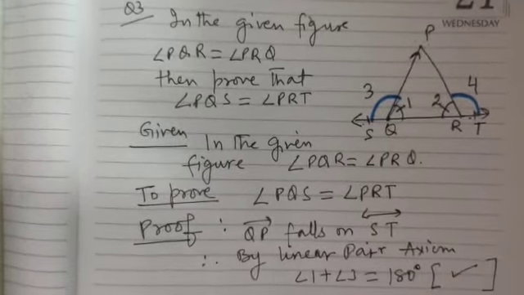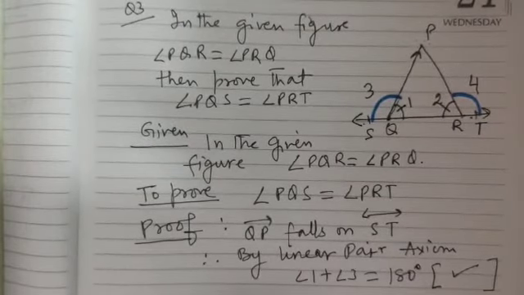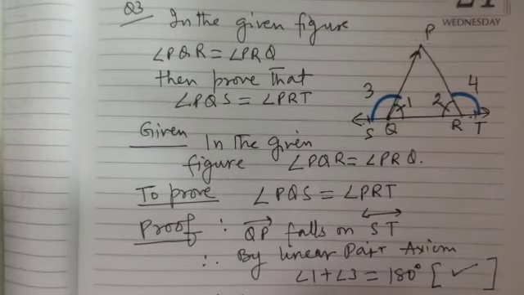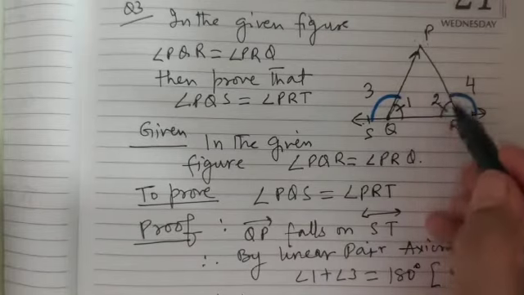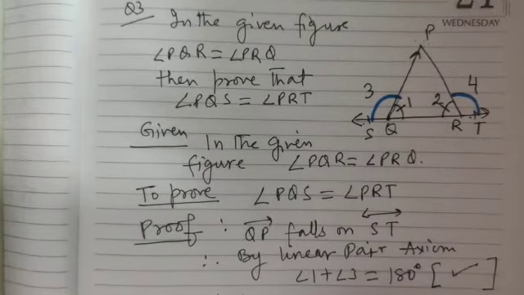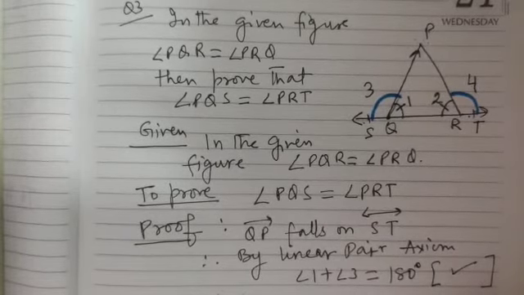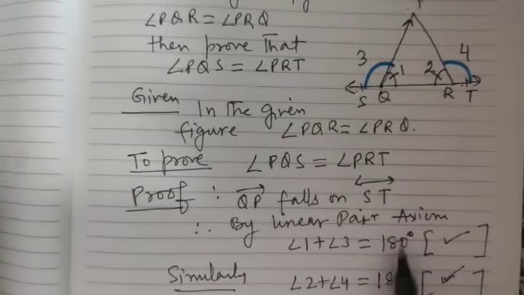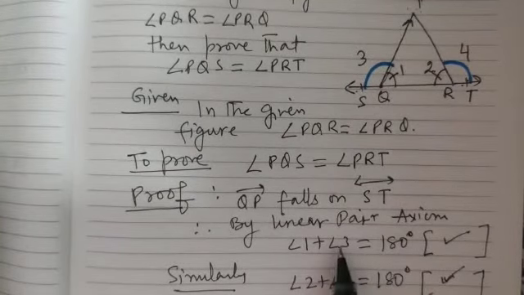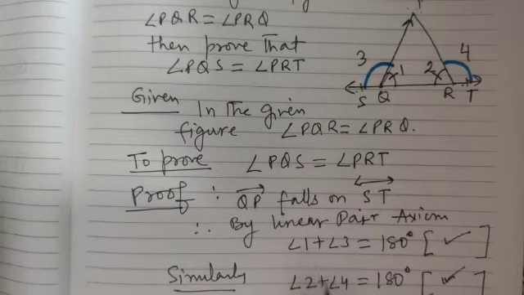Right? Similarly, I can see here angle 2 plus angle 4 will be equal to 180 degrees, isn't it? I am putting a tick mark. So you can see that from these two equations we can get the measurement of angle 1 and angle 2.